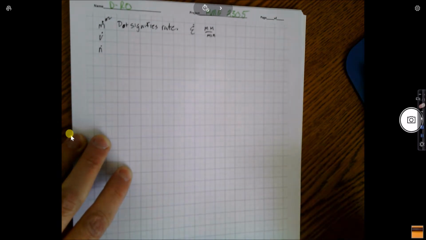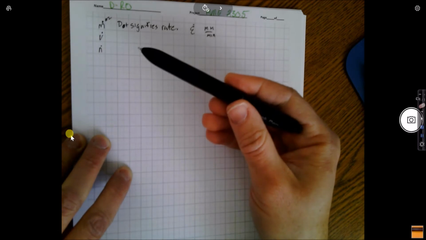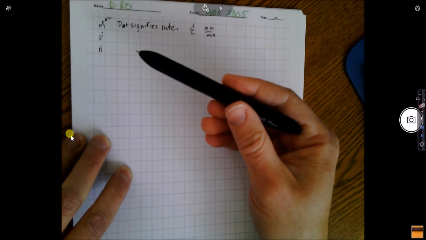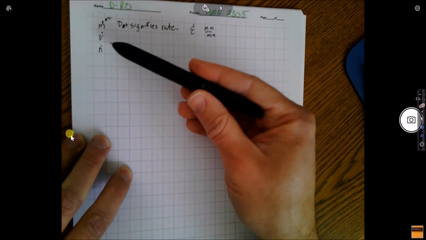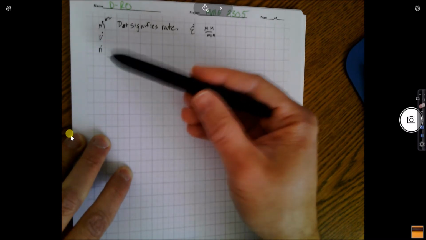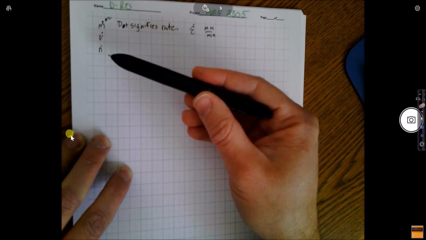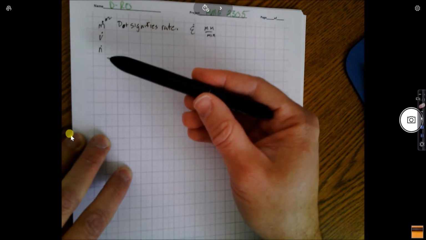So logically, you can assume that mass flow rate is given in units of mass over time. Volumetric flow rate is units of volume over time, and molar flow rate is units of moles per time.